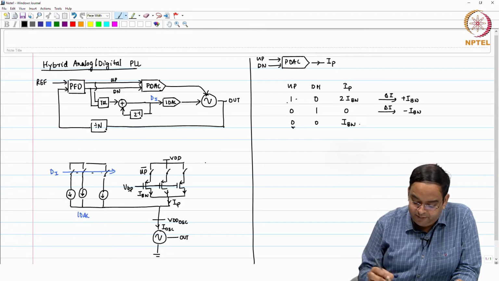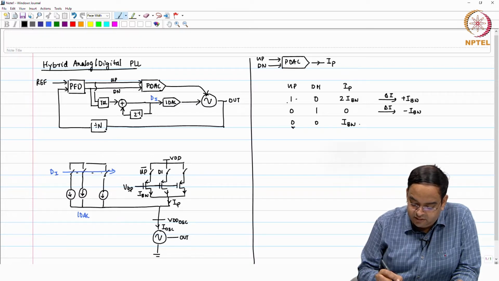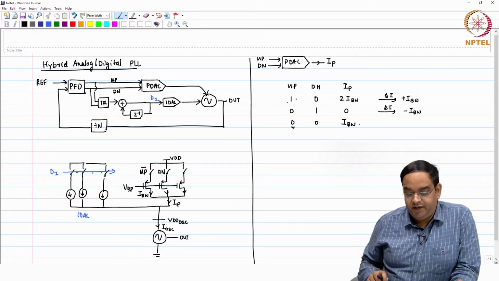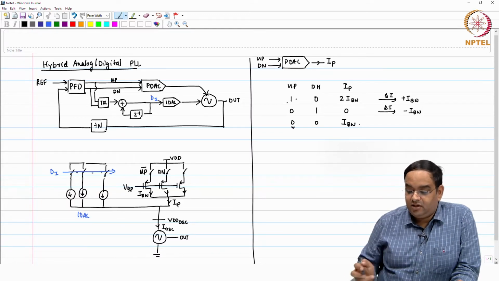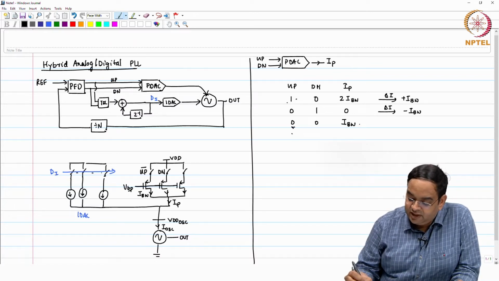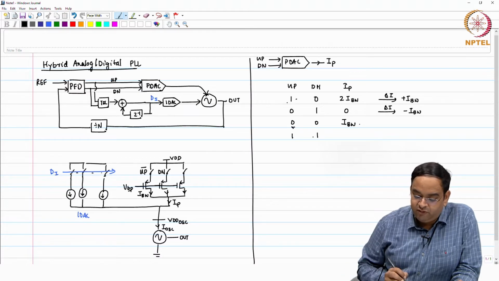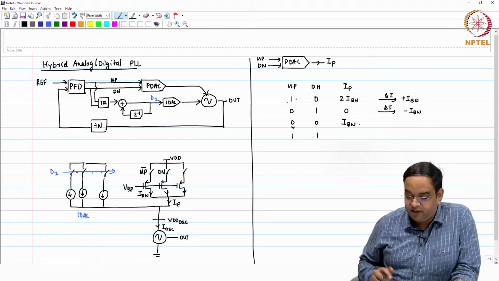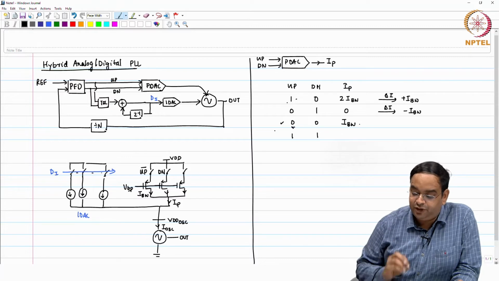So, when down is high, it is here. Now, just look at it, when up is high and down is also high, what happens in this format, and when up is 0 and down is 0.